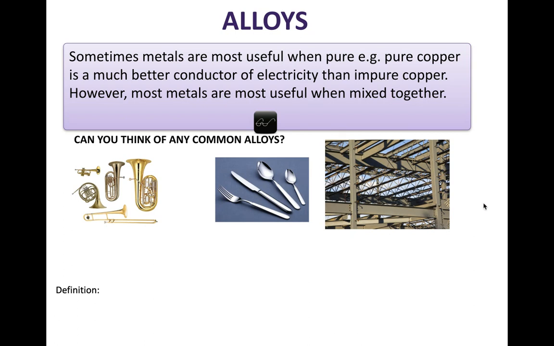So what we do instead is we use steel. Steel is basically a mixture of iron and carbon. This carbon does not react with the atmosphere around it, whereas the iron would. So the iron is on the inside and the carbon's on the outside, and it basically protects it from the elements, and it doesn't rust.